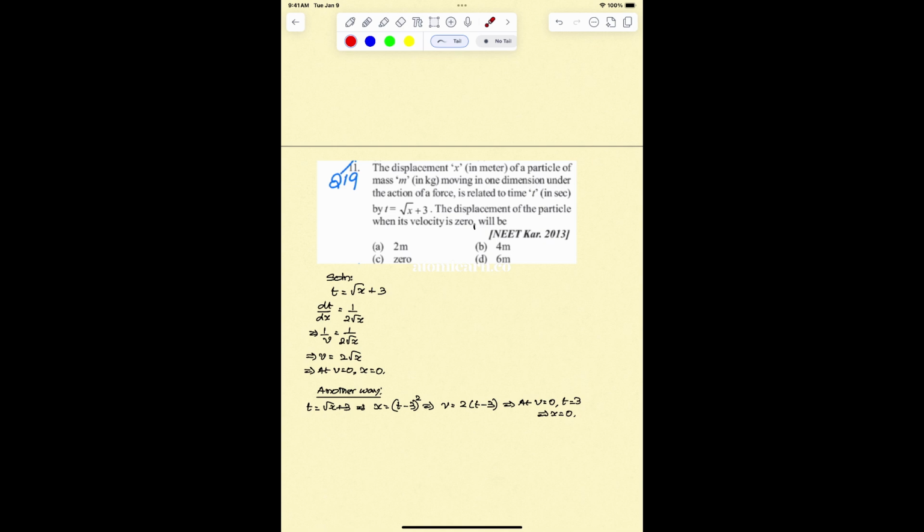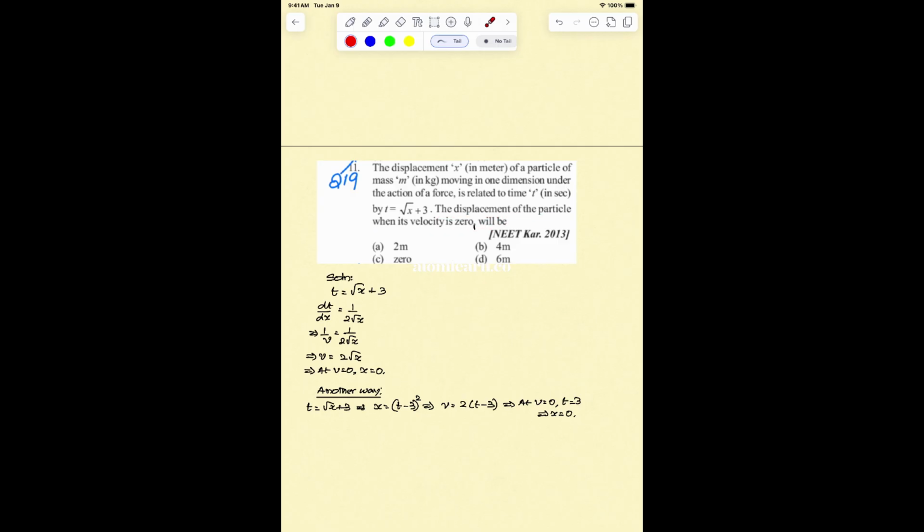Let us see. The displacement x of a particle moving in one dimension is related to time. Therefore, it's a straightforward type A kind of question. What they are asking is, what is the displacement of the particle when the velocity is 0?